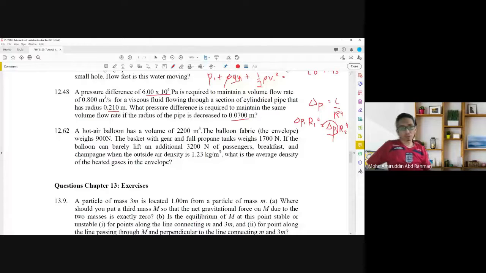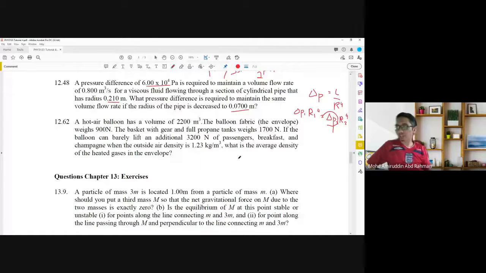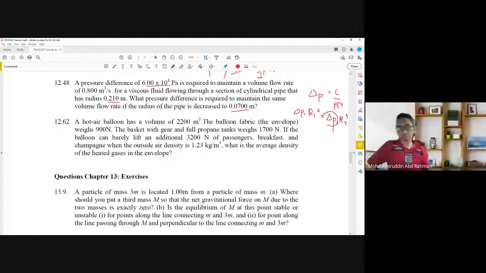Okay, for 12.62, what we have is the average density of the heated gases in the envelope. What is the average density of the heated gases in the envelope? The equation is that we have M of the gas equals rho V, with rho of the gas and the volume.